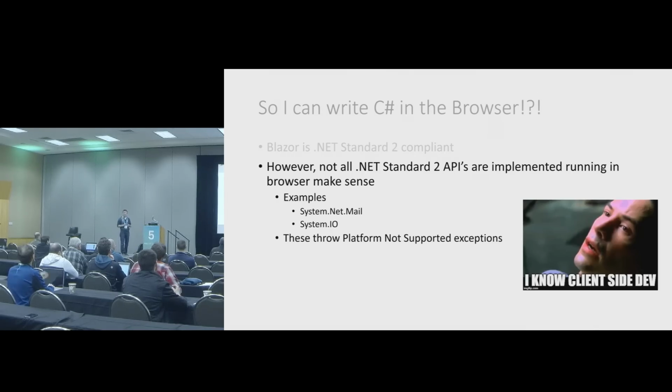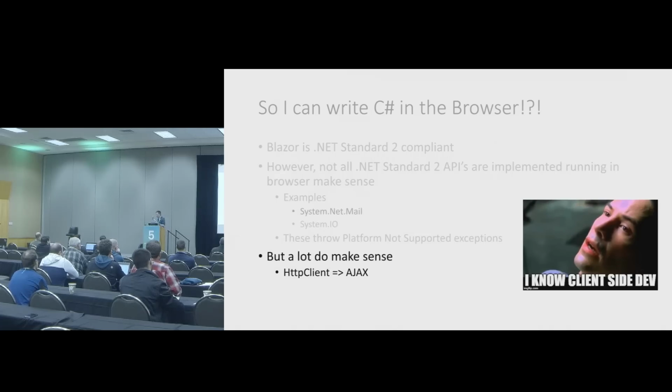Like, does it make sense for you to just fire off some emails or call System.IO.File.Delete and start deleting people's C drives and stuff like that? Probably not. So these throw platform not supported exceptions. But a lot of the APIs do make a ton of sense with writing C# in the browser.